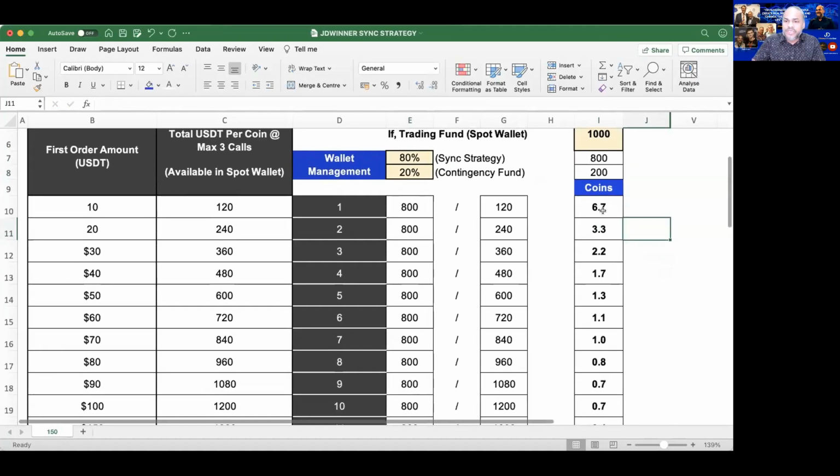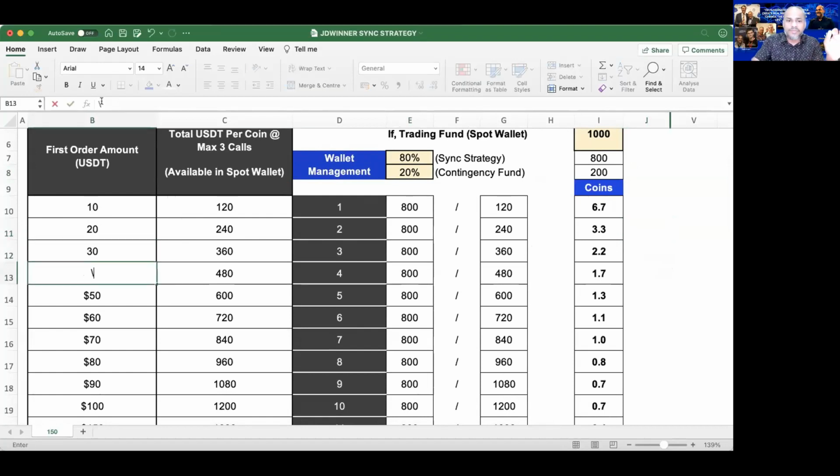It will automatically show me that if I use the first order at $10 and 120, I can choose about 6 coins, 6.7 coins. If I go for 20 first order, I can choose about 3 coins. If I go for $30, that will be about 2 coins. Can you see that? So now you don't have the headache to decide what needs to be done, because this will be done by this auto spreadsheet. Isn't that awesome?